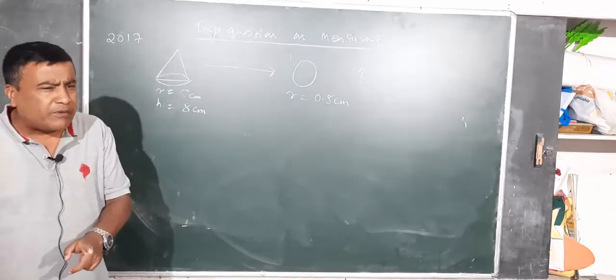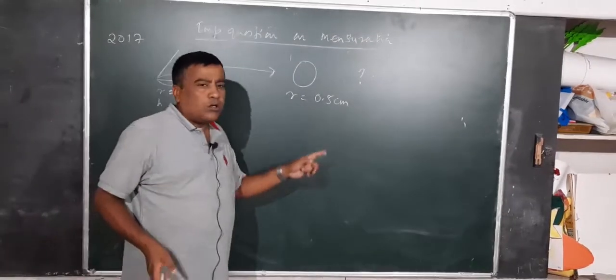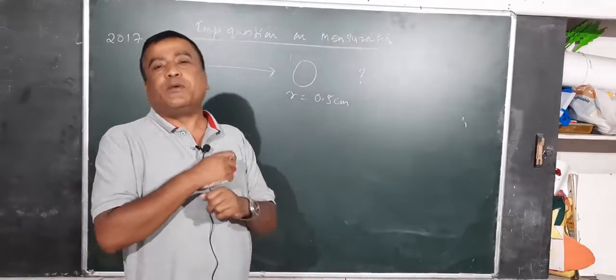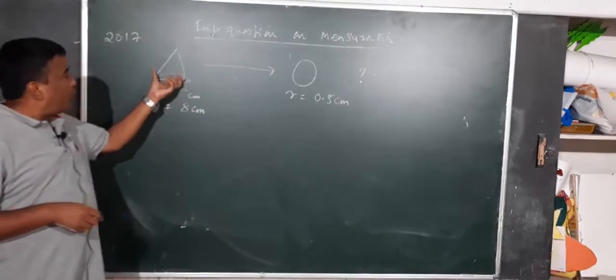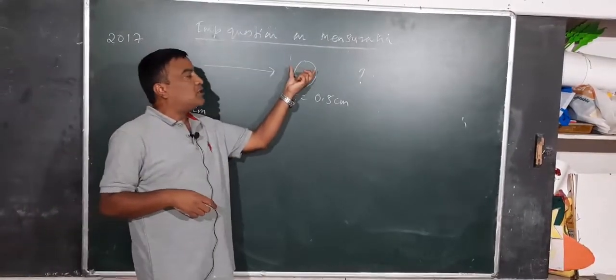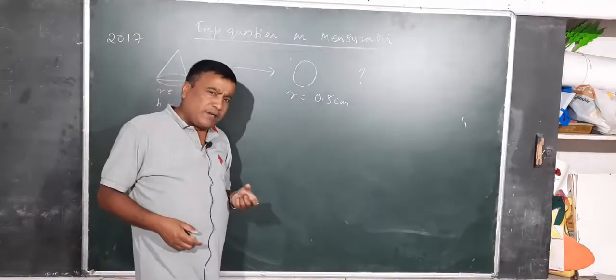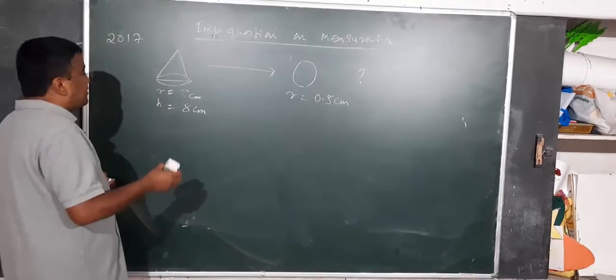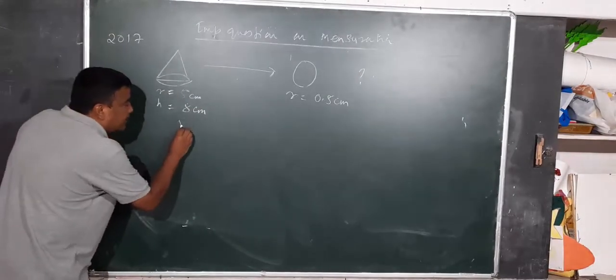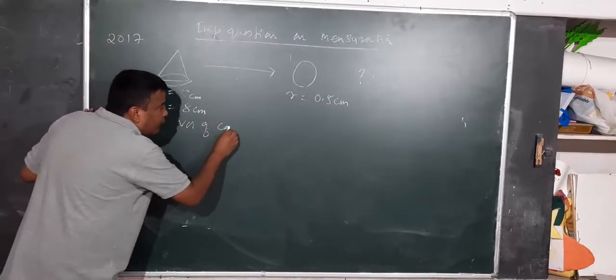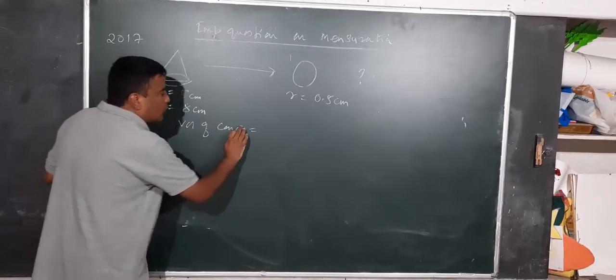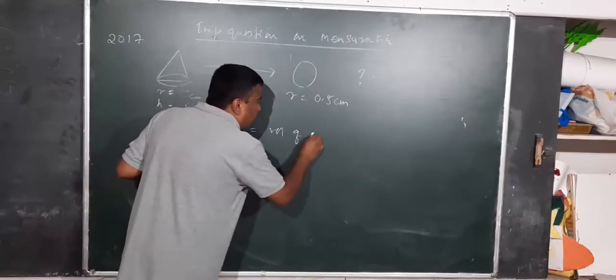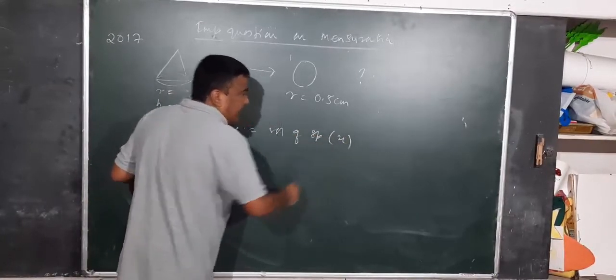Now always remember, whatever is unknown, both the volumes will be equal. Here volume of cone equals volume of sphere into x. Why into x?